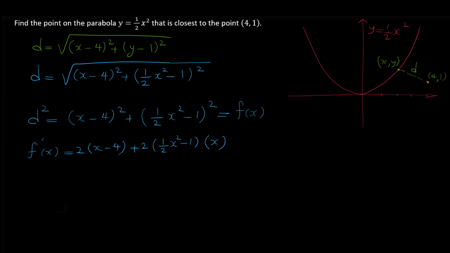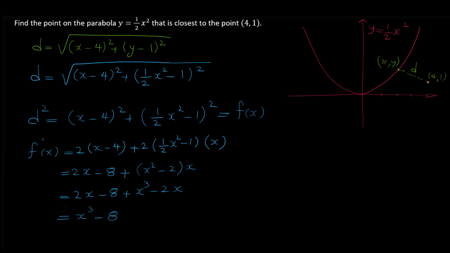If we simplify this expression, we get 2x minus 8 plus, if we multiply 2 in this bracket, we get (x to the 2 minus 2) times x. If we simplify it more, we have 2x minus 8 plus x to the 3 minus 2x, which finally, if we cancel 2x with 2x, we get x to the 3 minus 8.